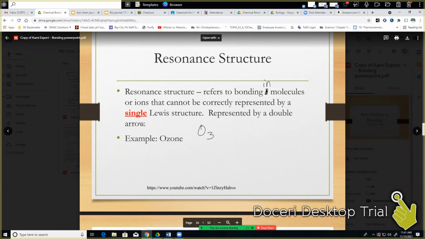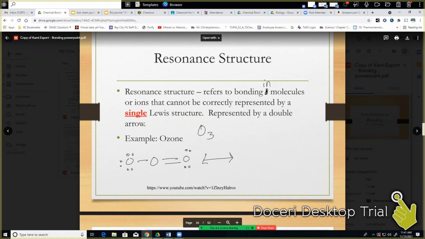So ozone is 3 oxygens together. So this is one possible way. But those are all oxygen, so they all have the same electronegativity. So we don't really know, why does that double bond have to be there? It could have been between the first 2 oxygens.